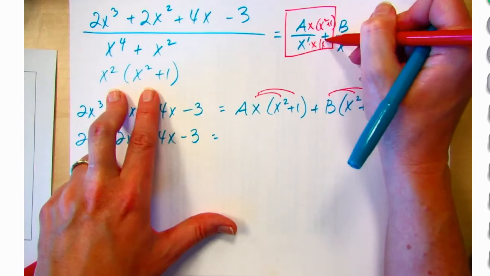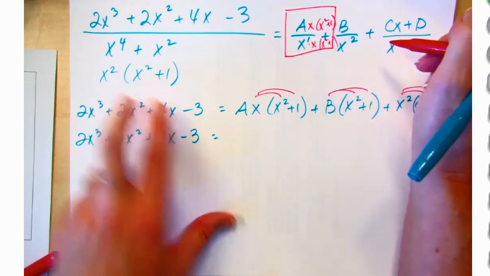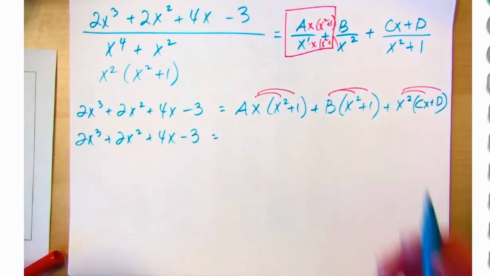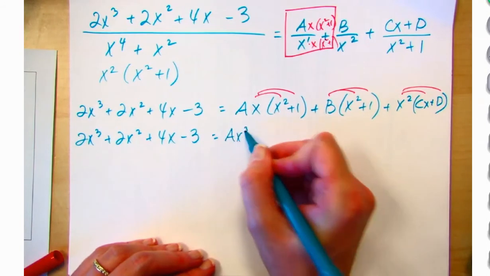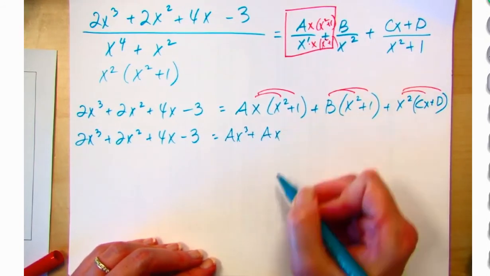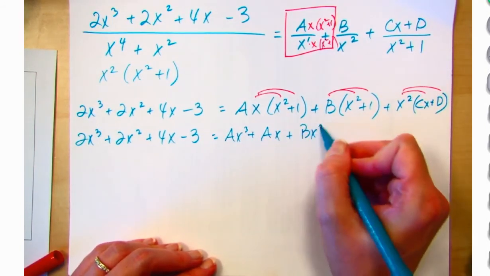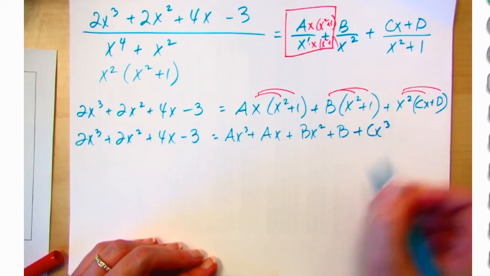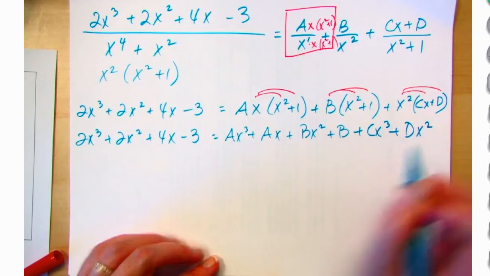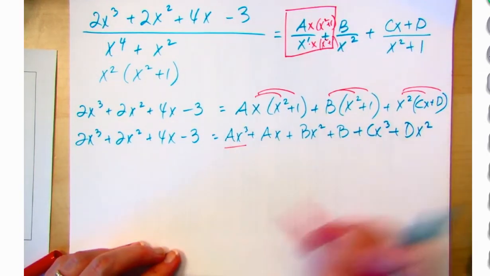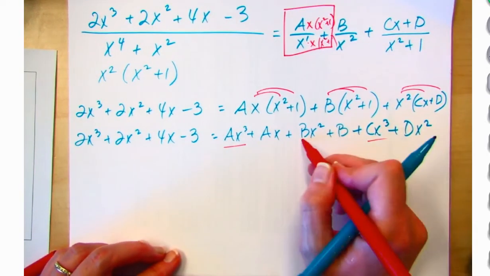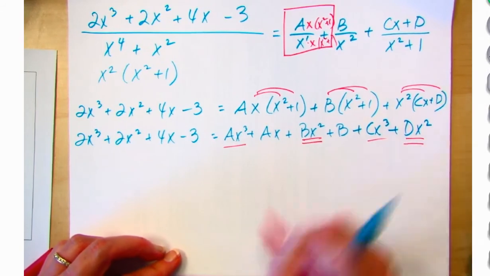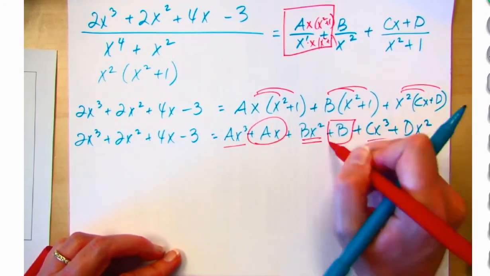I'm basically just skipping this step of writing it all in up here. I'm just going for it right here. So ax cubed plus ax plus bx squared plus b plus cx cubed plus dx squared. X cubed, x cubed. X squared, x squared. X and a constant.